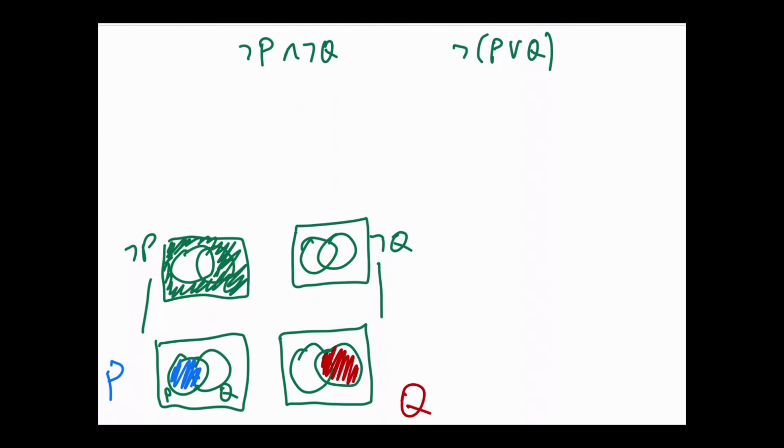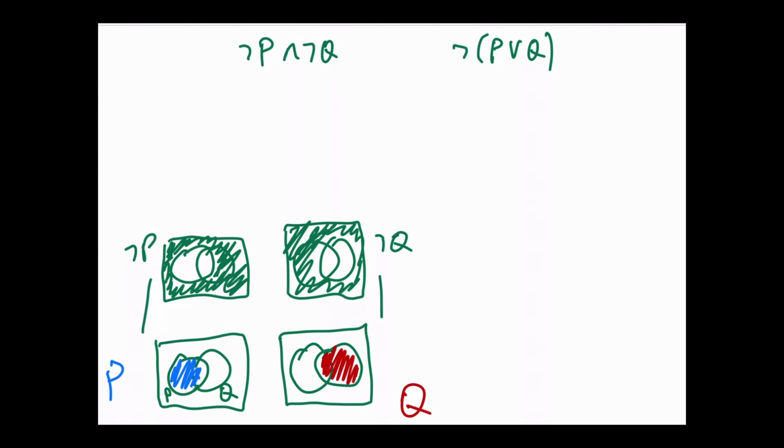Well, for not Q, I want to shade everything outside of this red region. So that's everything that is here. Oops, sorry, I made a mistake there. So we want everything outside of this red region, so I want everything outside of the Q region.